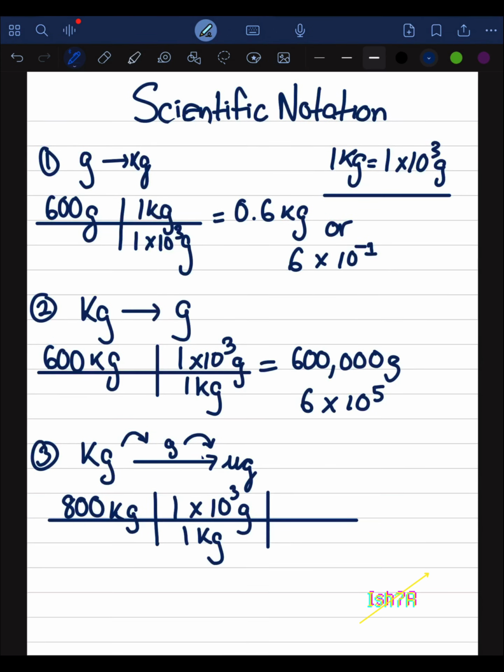And then we're going to convert grams to micrograms. For each microgram, there is 1 times 10 to the power of -6 grams. And this is going to be equal to 8 times 10 to the power of 11.